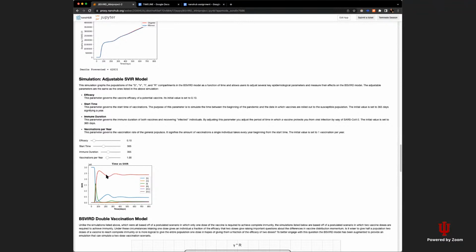But when you have so many lines, maybe if it was focused on just the infected or just the vaccinated lines, then it would make more sense. Especially because the recovered and the susceptible make up such a high percentage of the population, at least in this example, it does make it kind of busy.